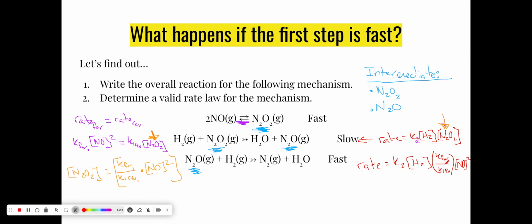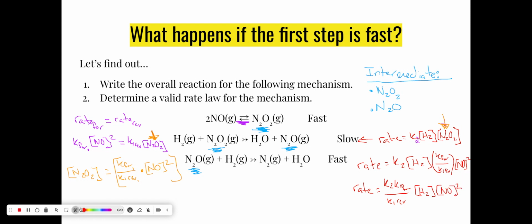So I'm going to take my constants, guys, and multiply them together. That's K2 times K1 of the forward over K1 of the reverse, times the concentration of H2 times the concentration of NO squared.